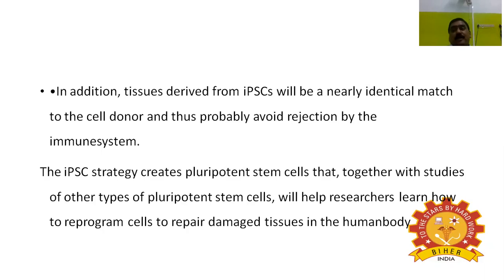Sometimes what happens is our own immune system destroys our own tissues or our own cells. That is called autoimmunity. What is autoimmunity? Why is autoimmunity so vital for the transplantation procedure? Any foreign material entering the human body will be considered an antigen.